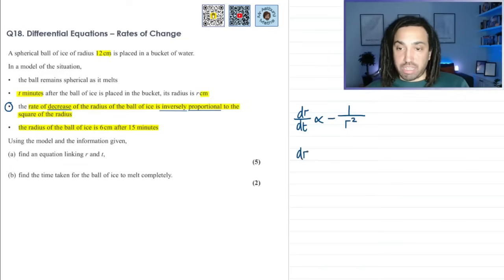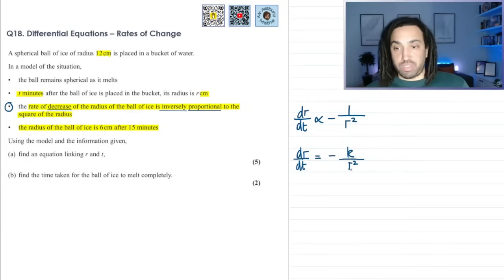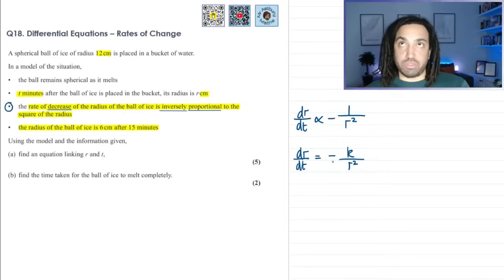So as we remember from GCSE, when we do proportion questions, we can say this is equal to a constant multiplied through by 1 over r squared. So we can write it as k over r squared. And we've still got that negative there because it's a decrease.